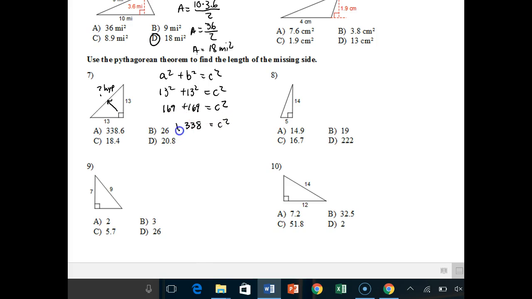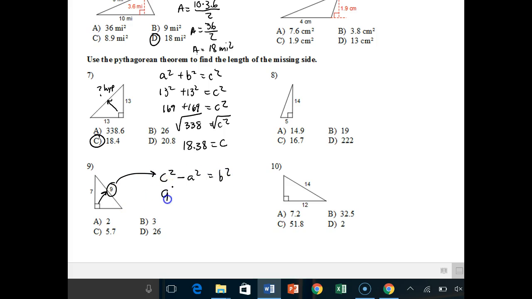So to get c, we will take the square root of both, and we'll get c is equal to about 18.38. So that rounds to 18.4, hence the answer C. In number 9, however, we do have the hypotenuse. So because we have the hypotenuse, we use the formula of c squared minus a squared equals b squared.